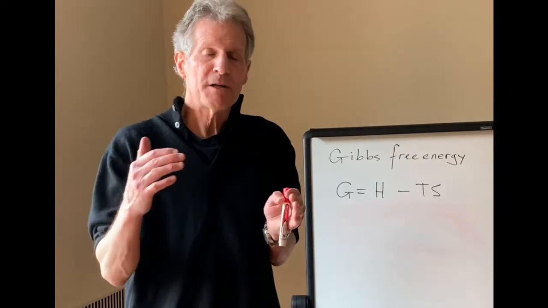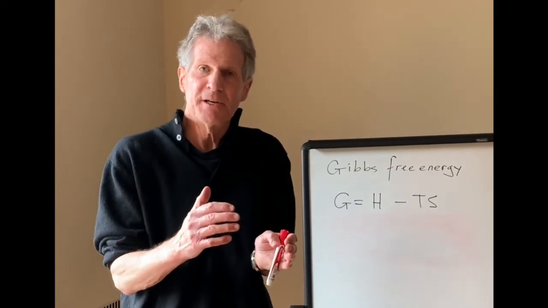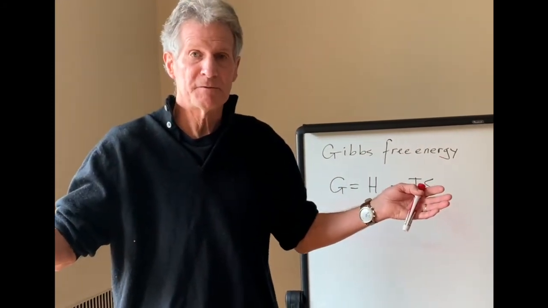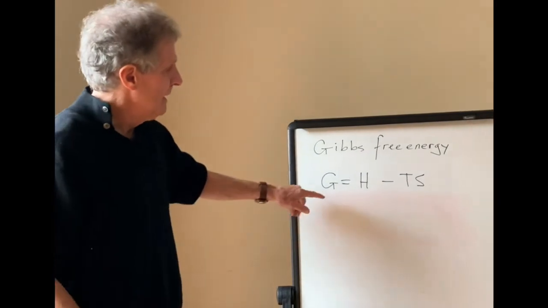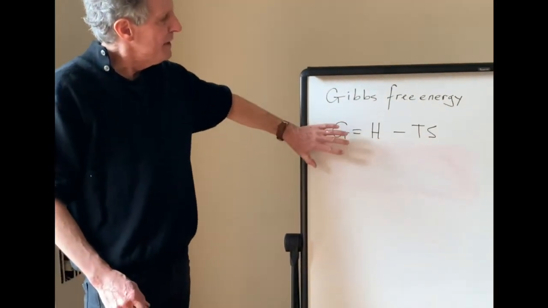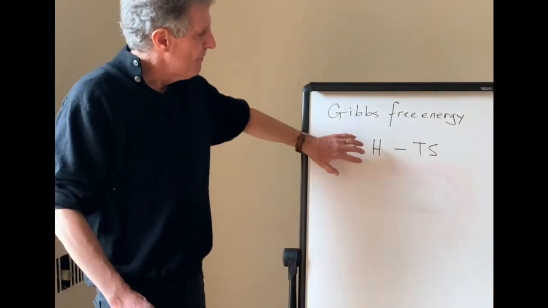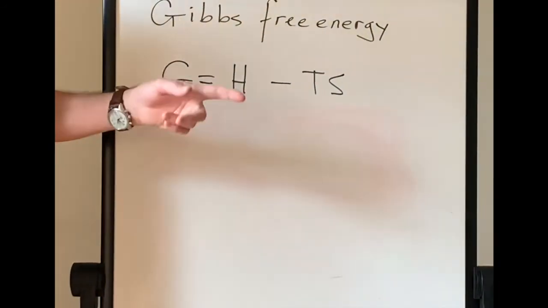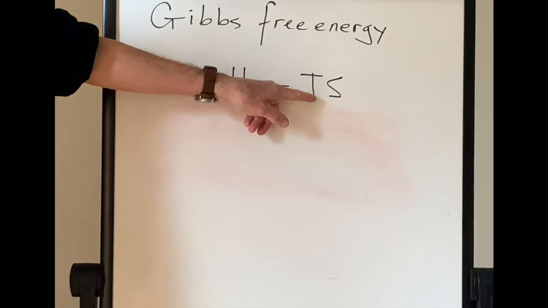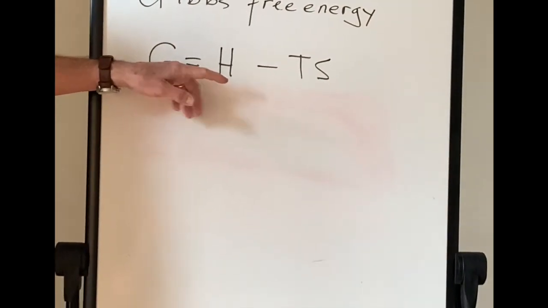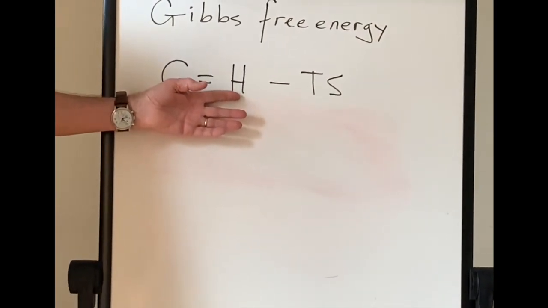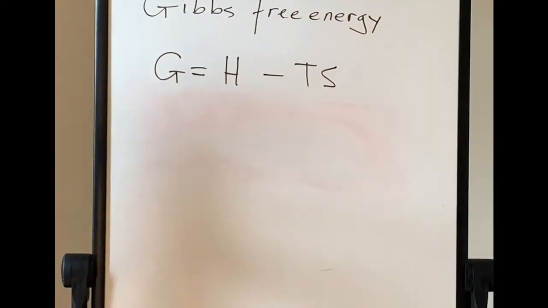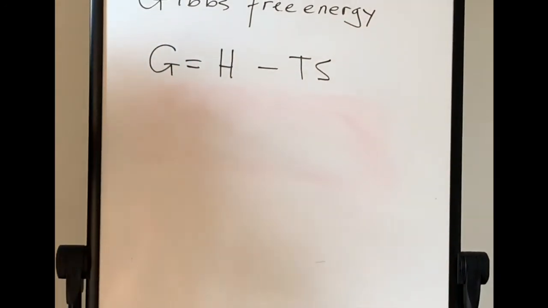That is, are all the molecules packed tightly together in one little space, or are they randomly dispersed over some volume of space? Gibbs said, if we look at this combination of functions, T is also a function of state, the temperature of a sample, and we consider the difference between the enthalpy and the product of temperature and entropy, that becomes a useful quantity.